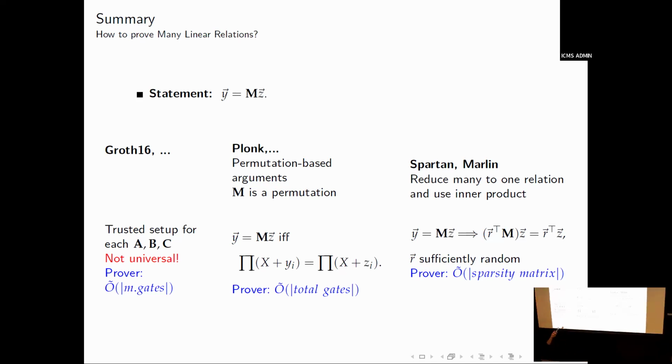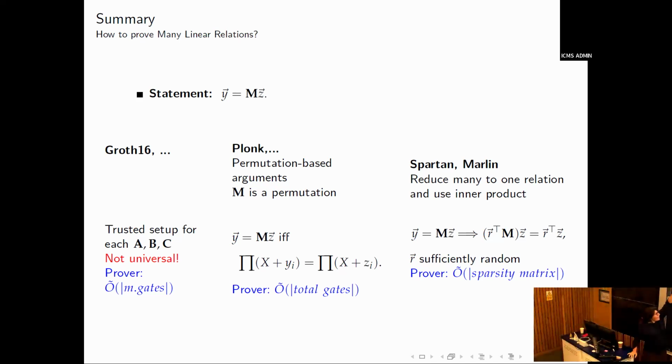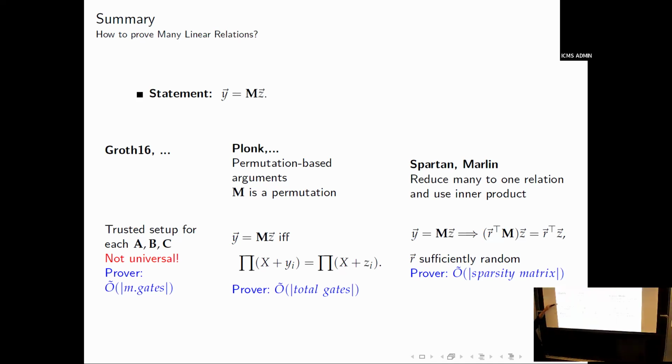Groth16 has the problem that it is not universal and you need a trusted setup. That is quite bad, though maybe for specific uses not so bad. And the running time is this because of the Fourier transform, and it depends only on the multiplicative gates, because this is the size of the matrix that you need.